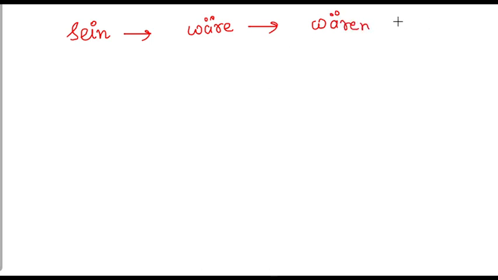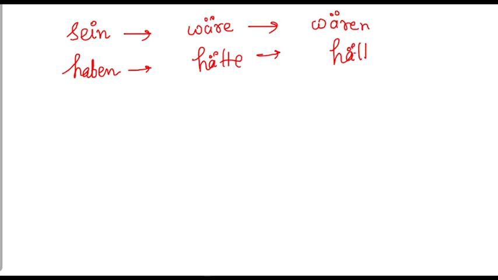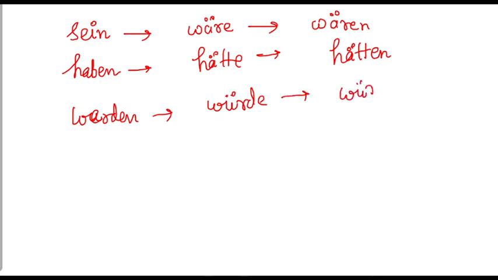You know that most German verbs end in en. Then we have haben. Its Konjunktiv is hätte, and if we construct the verb it will become hätten. Similarly, werden: würde is the root obviously, and it will become würden.